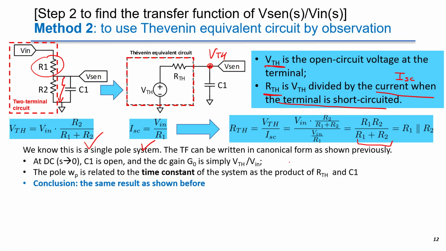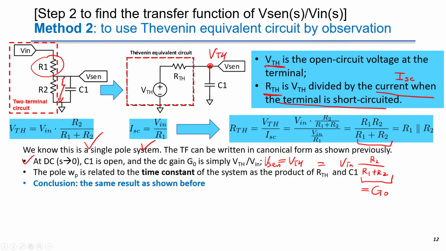So VTH equals Vsen equals Vin times R2 over R1 plus R2. So this will be the DC gain G0 as we found before. No problem with that. So now we need to find the pole location.